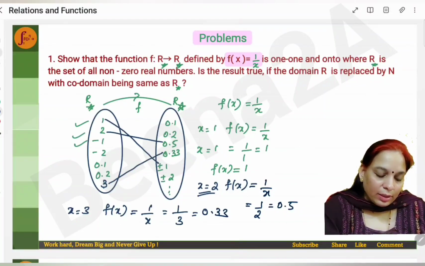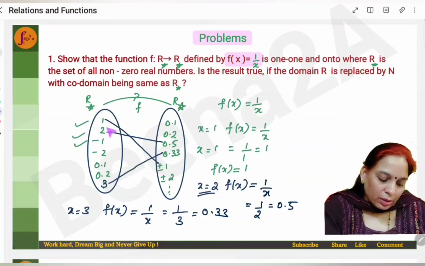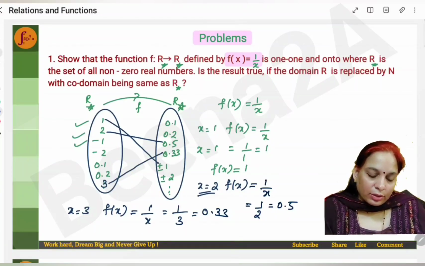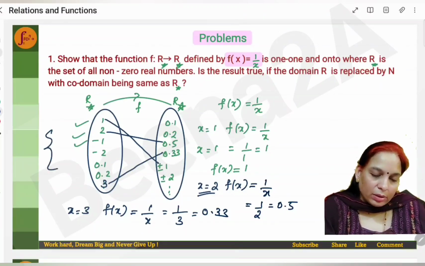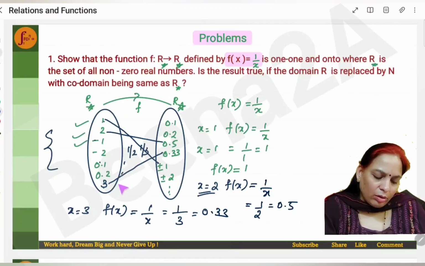Both of these sets are real numbers. Now what are real numbers? Real numbers have all positive numbers, negative numbers, decimals, fractions, half, 1/3, all of that forms real numbers.